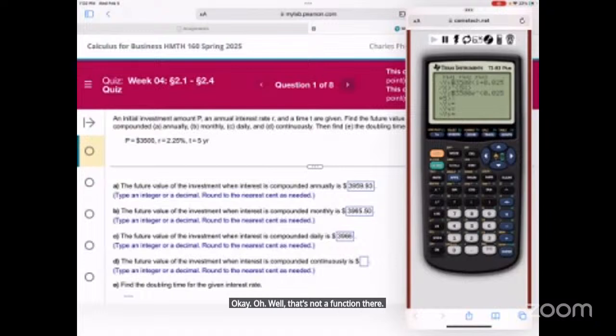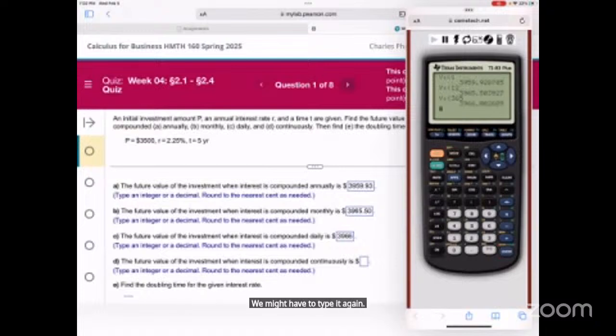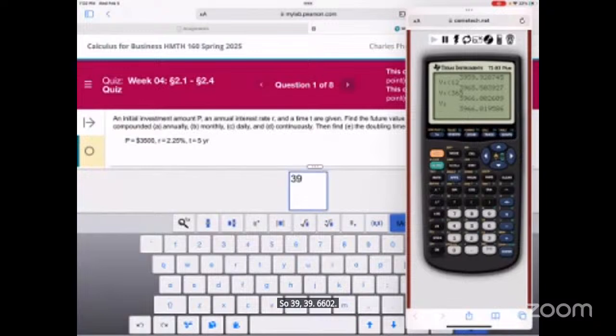It'd be nice if I could just copy that. Let me see if this at least spits out the answer. We might have to type it again. That looks accurate. Yeah, that's decent. 39.6602. Just for continuous, I use Pert there.